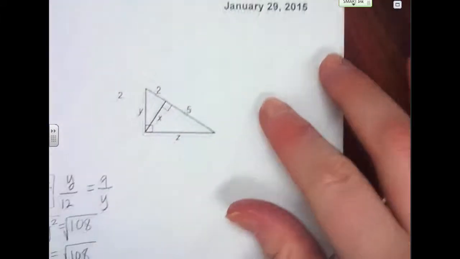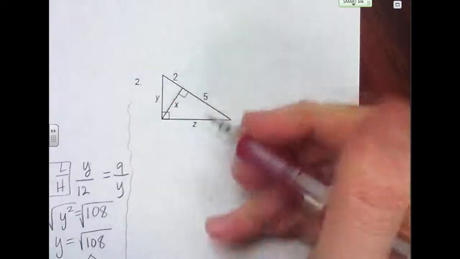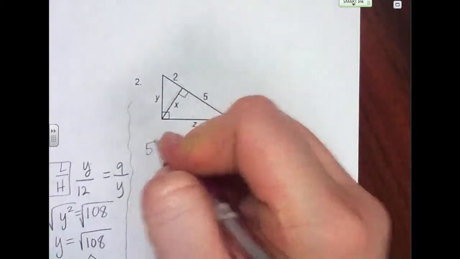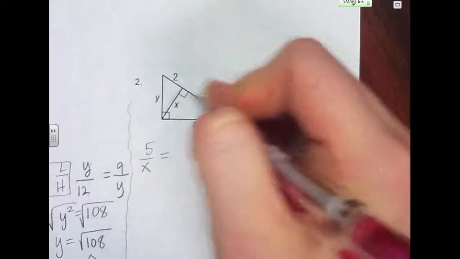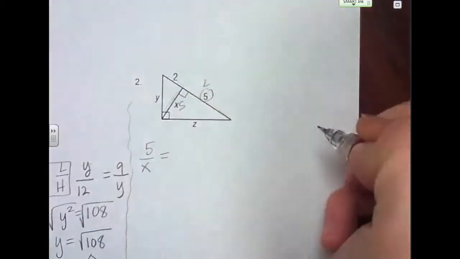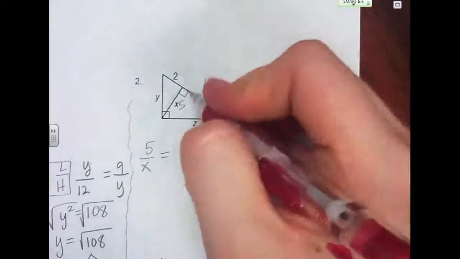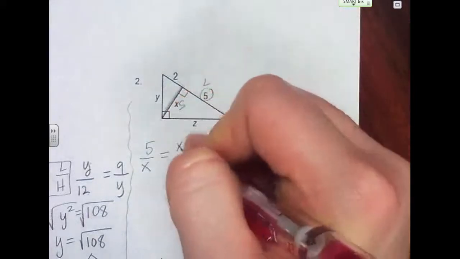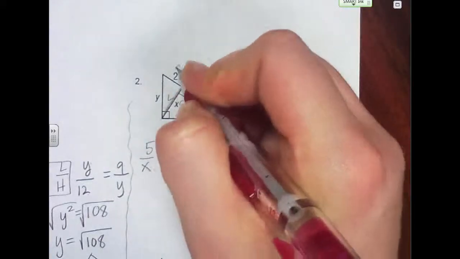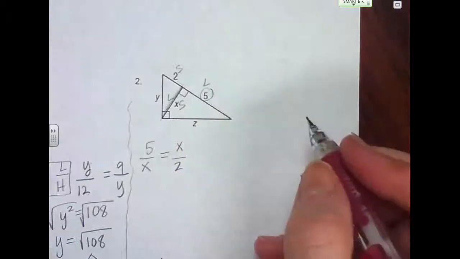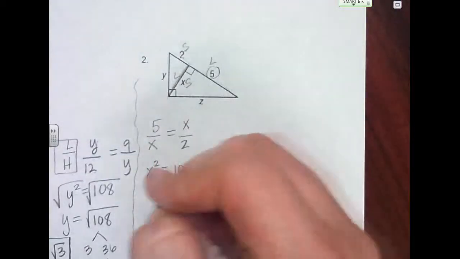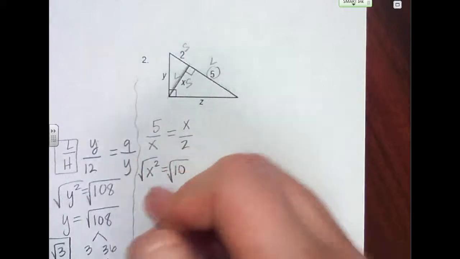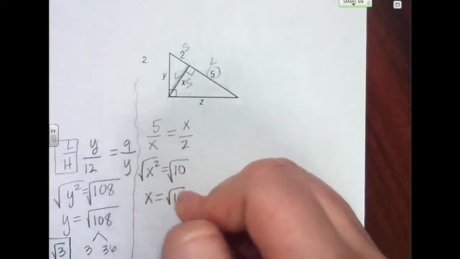If we did the same proportion as on number 1, I'm taking the 5 over x, the long side over the short side. That is equal to the long side of this one, which is x, over the short side of this one, which is 2. If I cross multiply and solve, I get x squared equals 10. So x equals the square root of 10.